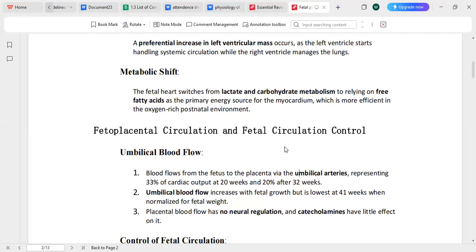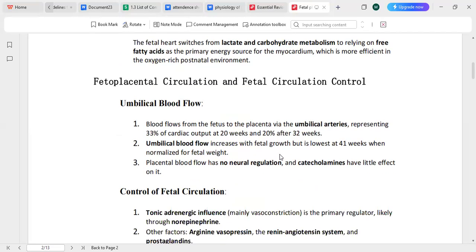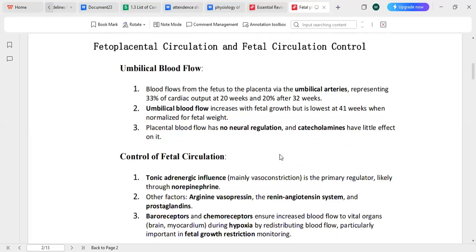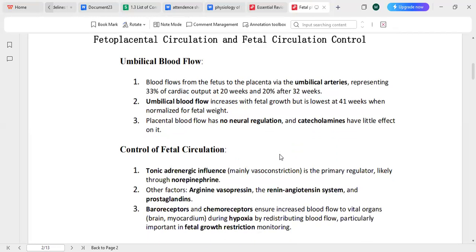Now, what happens to umbilical blood flow? We have fetal-placental circulation in a fetus, and how is it controlled? From the fetus to the placenta, we have umbilical arteries. Who will tell me what umbilical arteries carry? Which blood, oxygenated or deoxygenated?